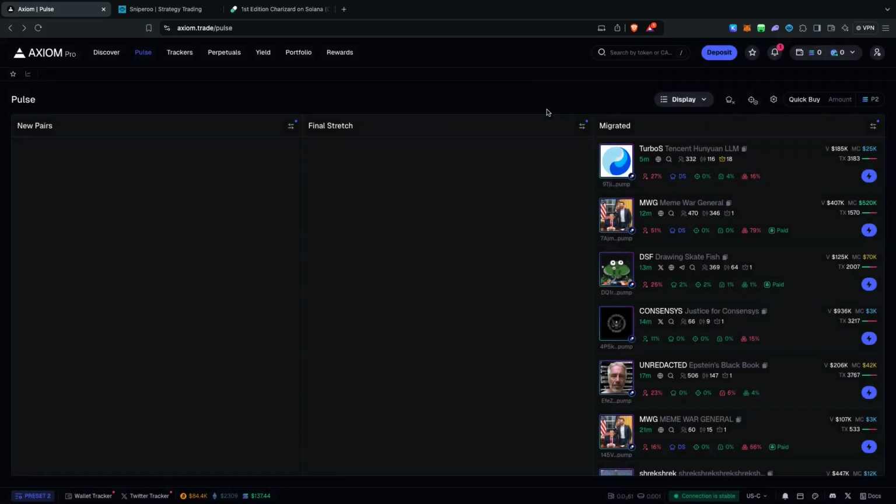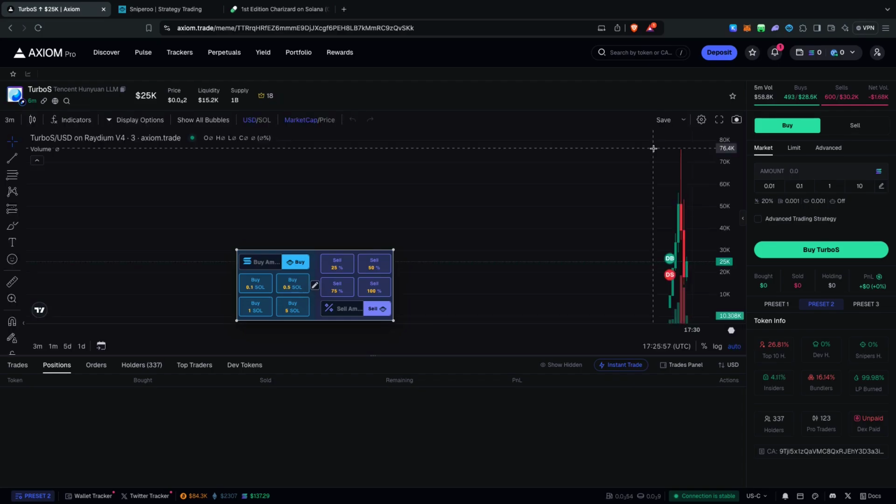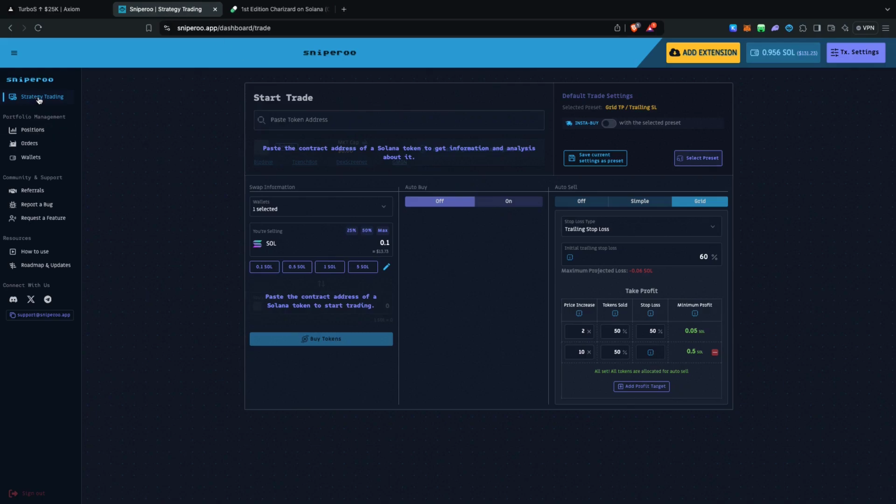So if you need to summarize anything from this episode: Number one, use Axiom for your filters. Number two, use Sniperoo to make your trades. Sniperoo is very good in terms of executions, in terms of sniping before a token migrates. Nobody's ever going to front run you. And Sniperoo has got specific trading strategies in terms of profit taking, trailing stop losses, and stop losses.